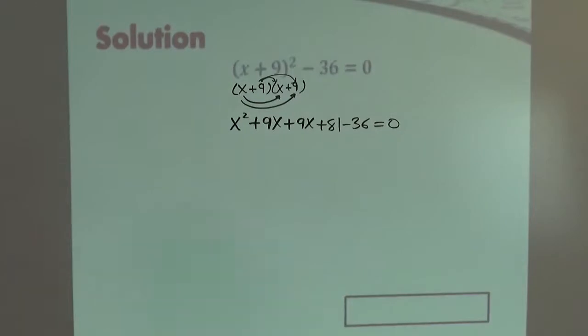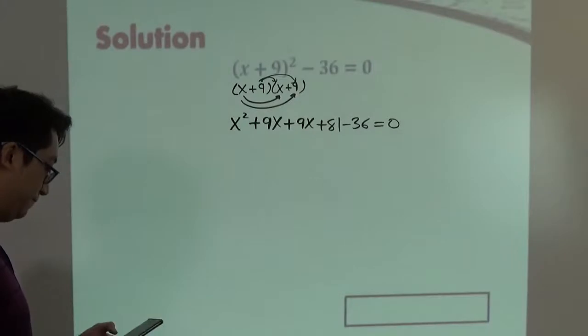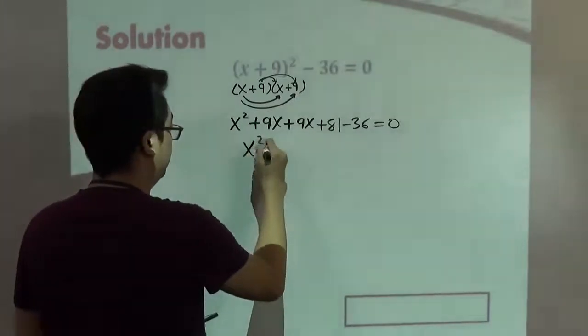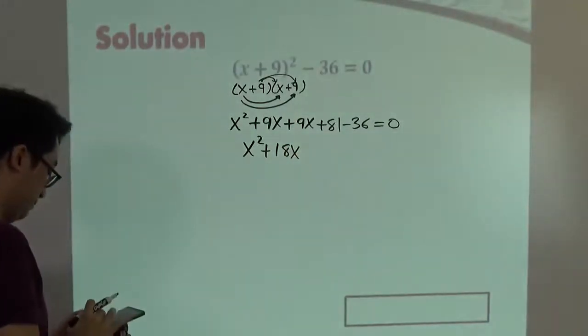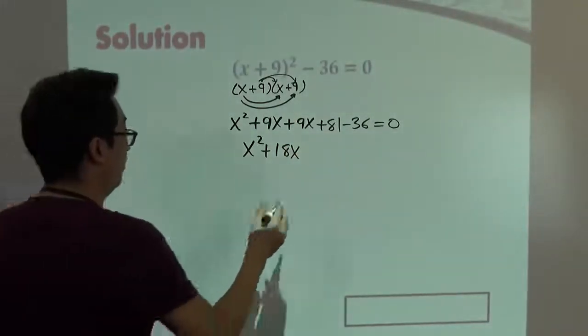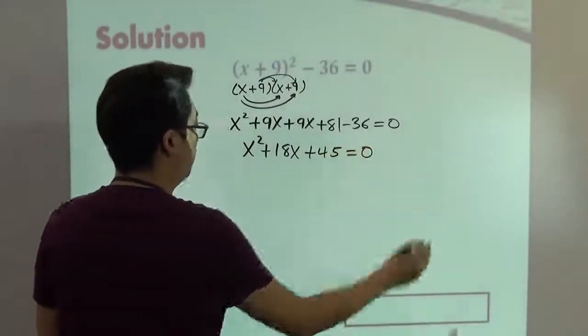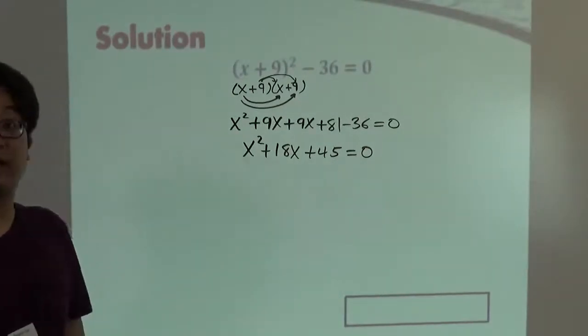Now I want to combine like terms before I do anything else. I notice that I have 9x and 9x, that gives me 18x. And then 81 minus 36 is 45, and that's equal to 0. Now I see it's a quadratic equation.